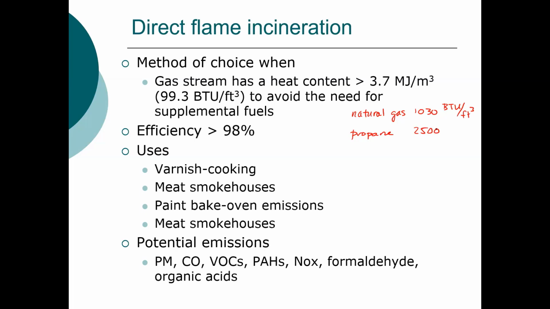Methane is about 1,000, and landfill gas, which contains about 50% methane and 50% carbon dioxide, is about 500. So just to give you a comparison of the heat content we need from these gases versus that from these other typical fuels.